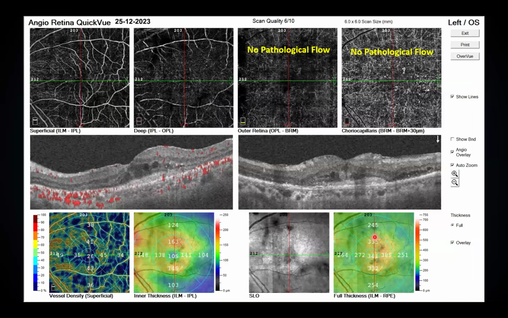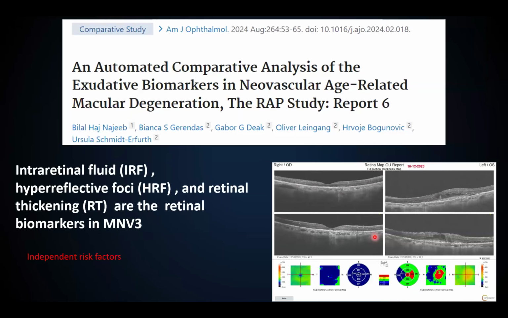When we look at the OCT, we see no pathological flow in the outer retina or the choriocapillaris. So by seeing this, we are excluding type 2 MNVs. And by the last report just released this month, intraretinal fluid, hyperreflective foci, and retinal thickening are considered isolated risk factors and biomarkers for MNV stage 3.